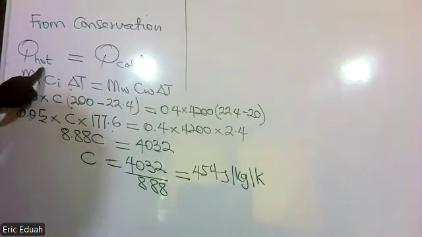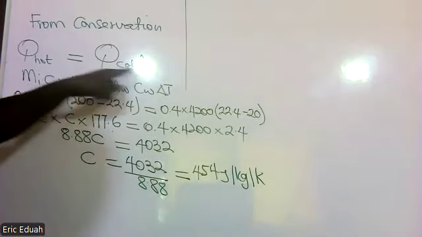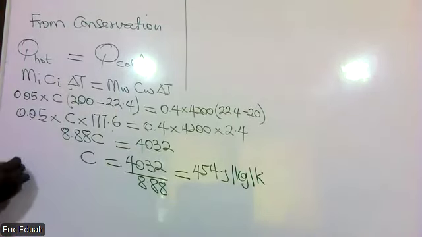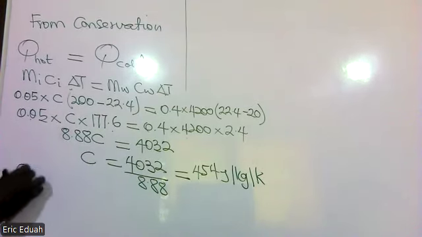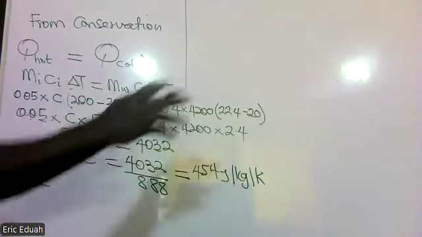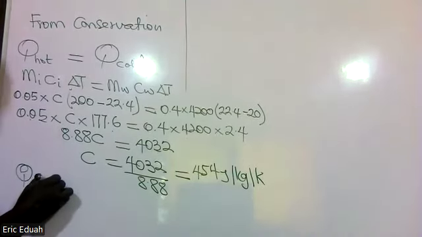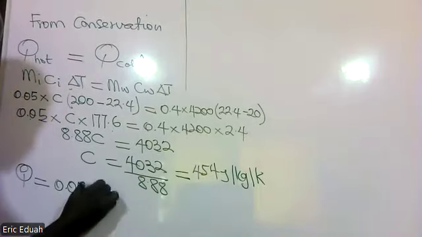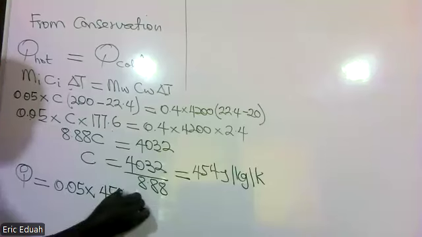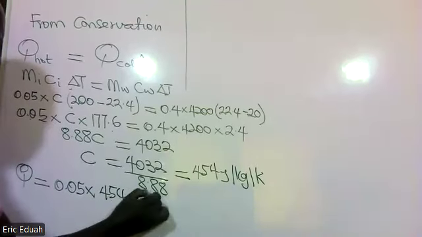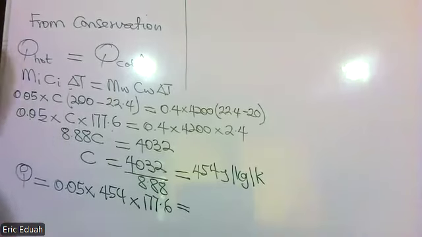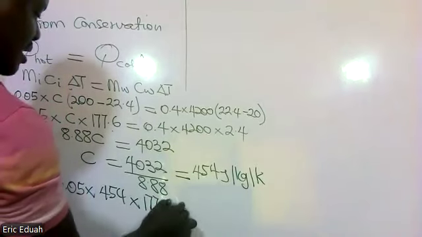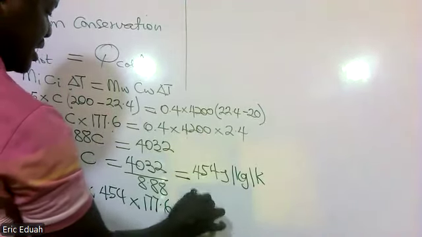Because the ingot is at a higher temperature and it gives out heat to the cold water, the amount of heat energy transferred must be equal to the total energy transferred by the ingot, which is its mass 0.05 times its specific heat capacity, 454, times the change in temperature, 177.6. And this is approximately 4020.